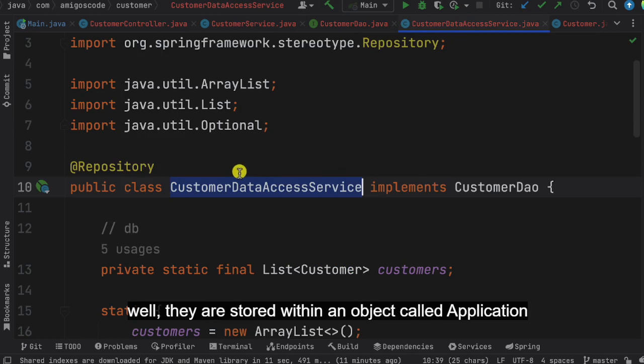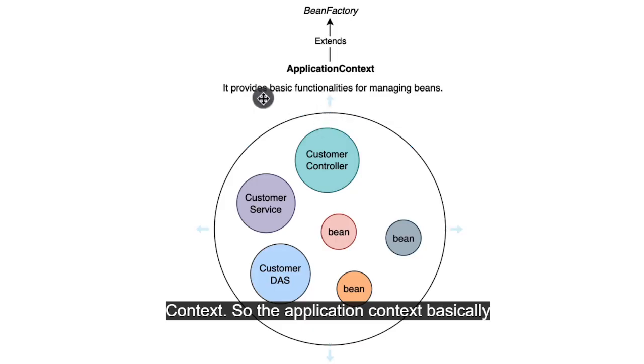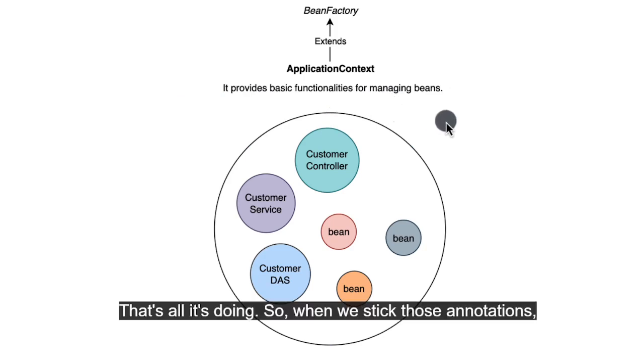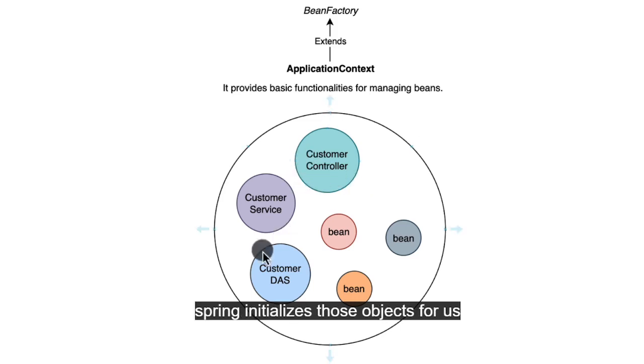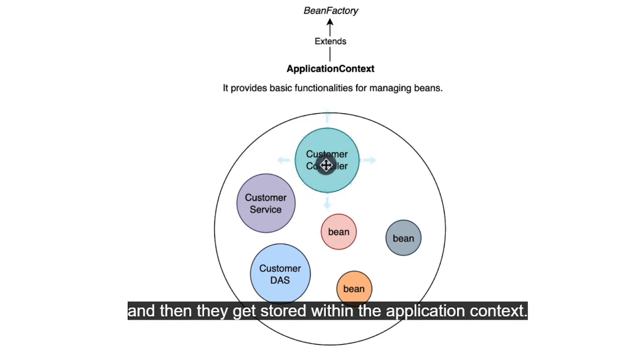Well, they are stored within an object called the application context. The application context basically provides basic functionality for managing beans. That's all it's doing. When we add those annotations, Spring initializes those objects for us, and then they get stored within the application context.